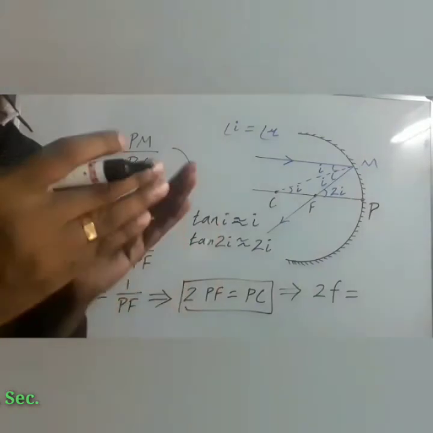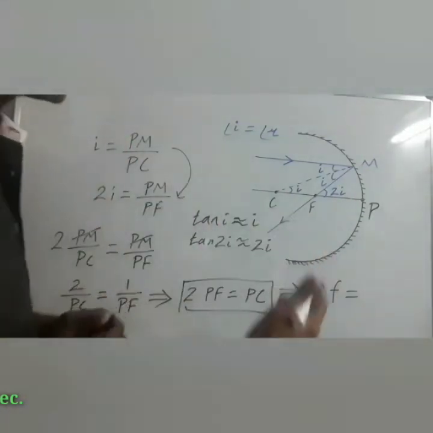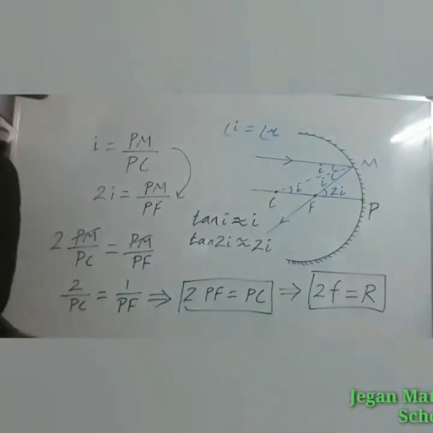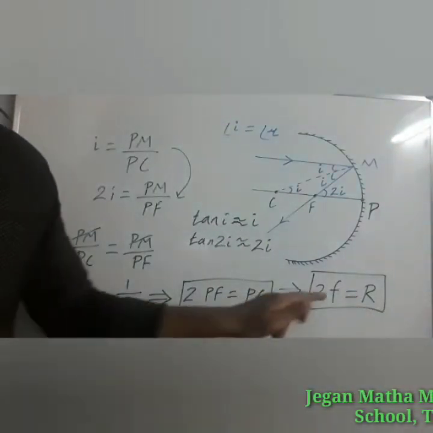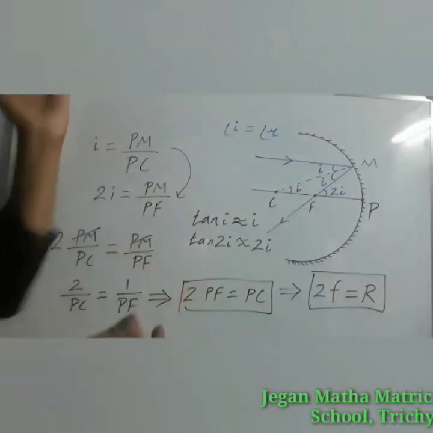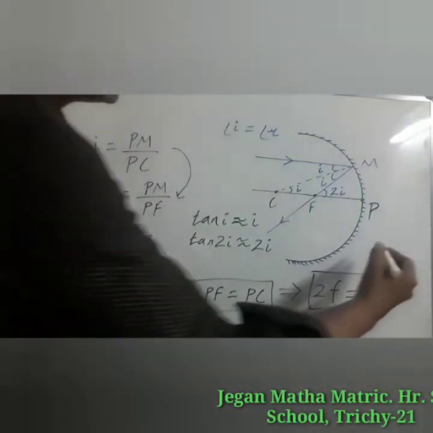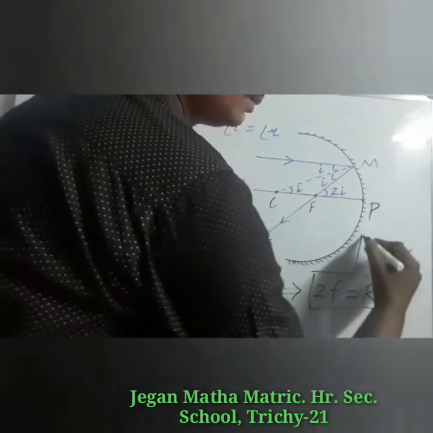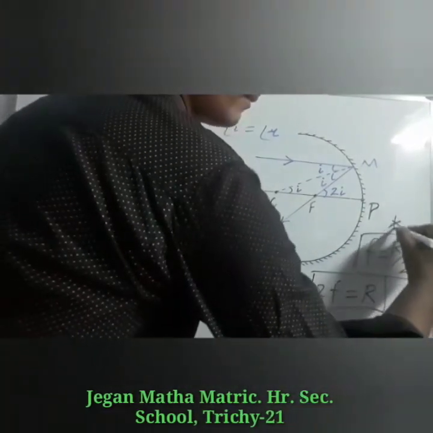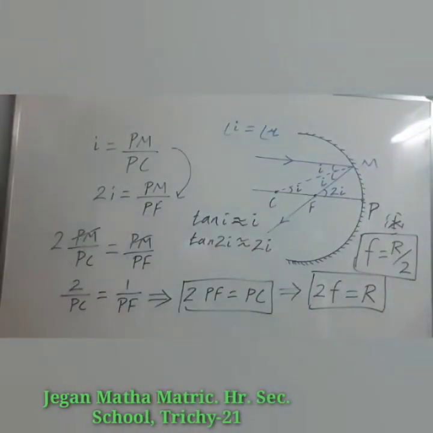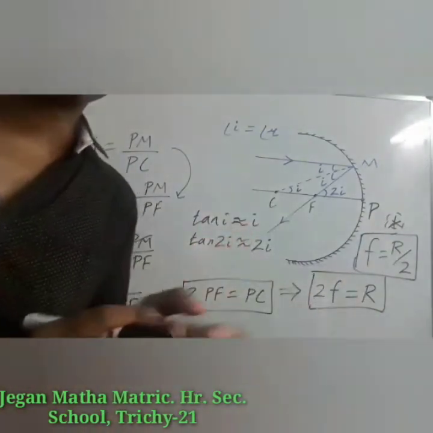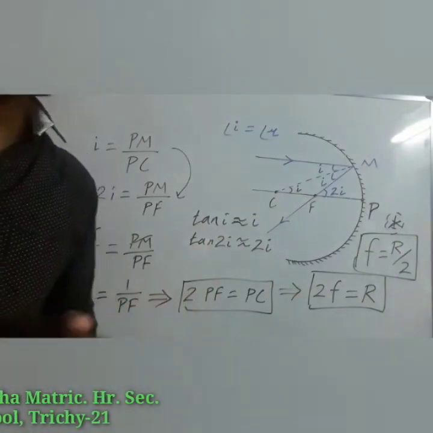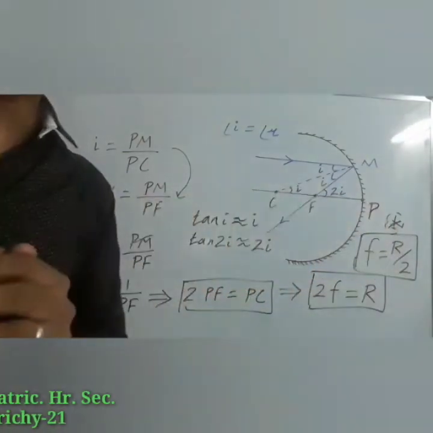That is known as the radius of curvature, which is given by the letter R. This expression can also be written as F is equal to R by 2. So this is the relation between F and R, that is, the relation between the focal length and the radius of curvature.